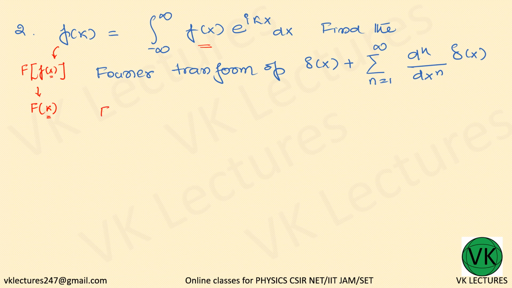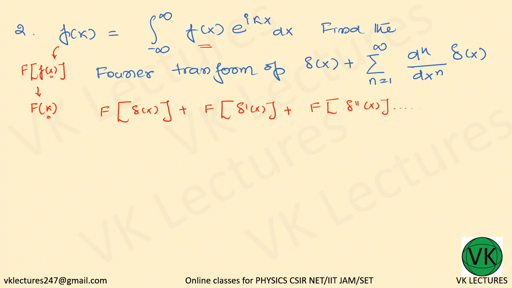So let's start by writing the Fourier transform of delta of x plus the Fourier transform for n equal to 1, the first derivative of delta of x, plus the Fourier transform of the second derivative of delta of x. It goes on up to infinity.